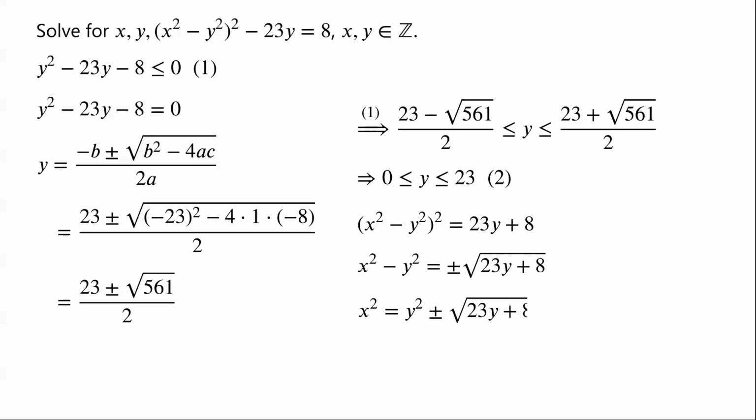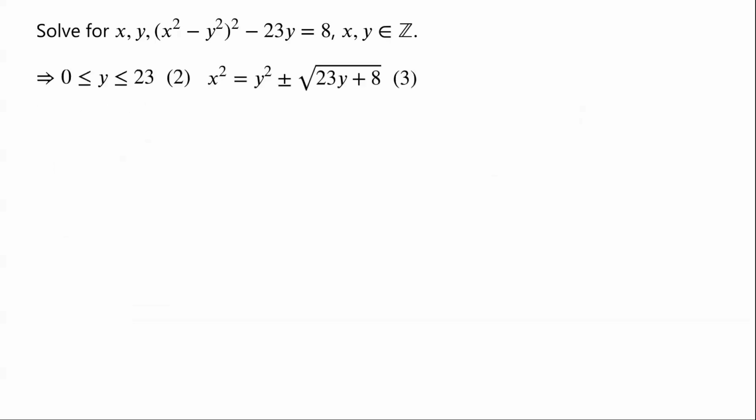Therefore, x² = y² ± √(23y + 8). Substituting each value of y in the range into this equation, we can work out x². As both x and y are integers, 23y + 8 must be a perfect square. It is not difficult to check that 23y + 8 is a perfect square only when y equals 4 or 7. It's 100 and 169, respectively.